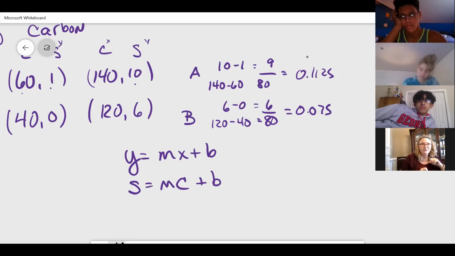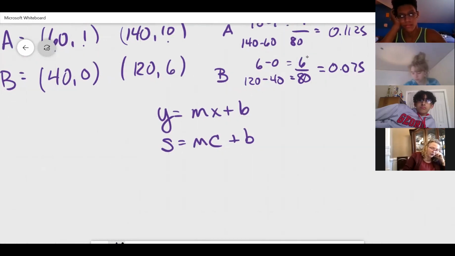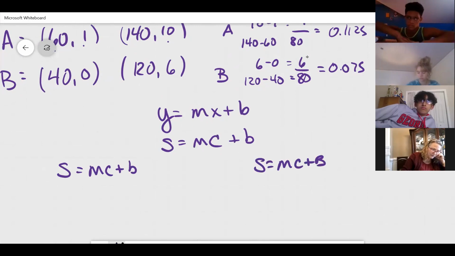So I'm looking for these two lines. The first one is going to be S equals MC plus B, and the other one, S equals MC plus B.